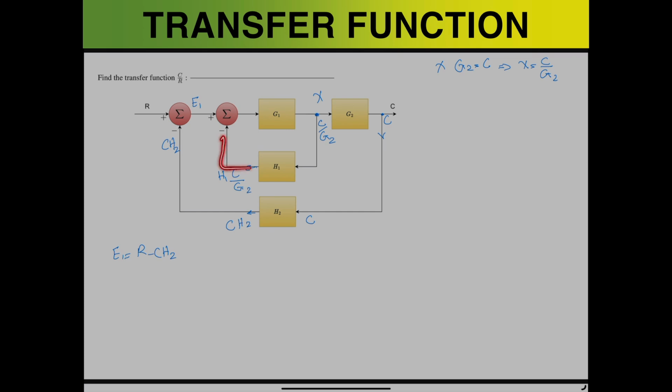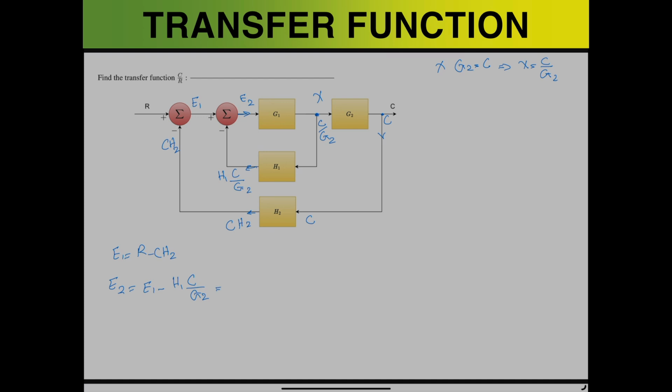Now this is going to be subtracted from E1 to create the second error, which I would call E2. So E2 now becomes E1 minus H1C over G2. So E2 is E1 minus its input.